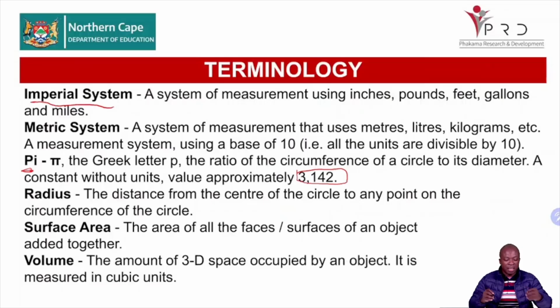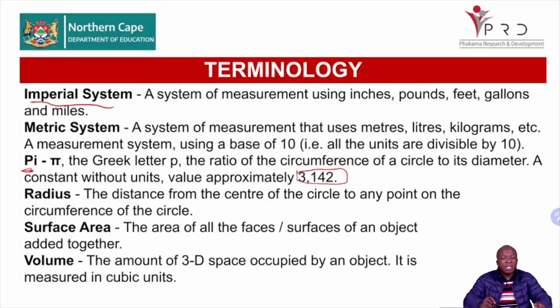Then we have surface area. Whenever you see the word surface area, you should know that we are talking about the area of all the surfaces. So if a box is closed, there are 6 sides, meaning the area of each and every side of the box. That's what we call surface area. Sometimes in examination, you'll find the examiner says, calculate the total surface area. Then we talk of volume.